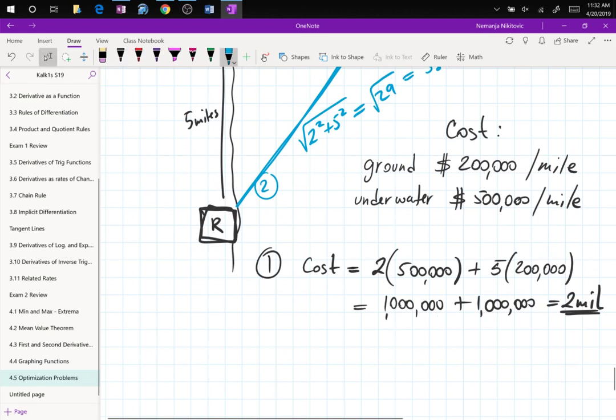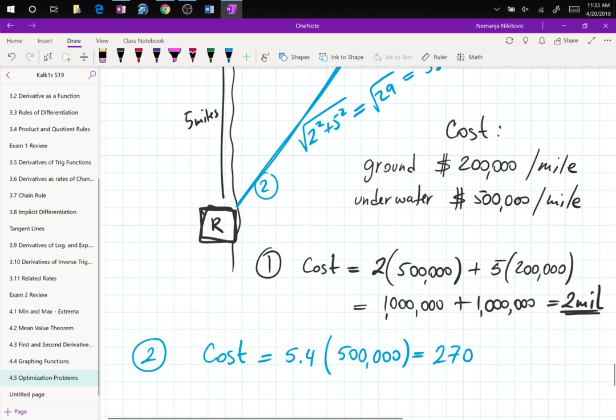Okay, let's see if we're going to do better underwater. So for route 2, the cost is going to be 5.4 miles at 500,000 each, because it's all underwater, and that's definitely going to be more, right? 5 times 5 is 25. So 2.7 million, if I calculated this right.